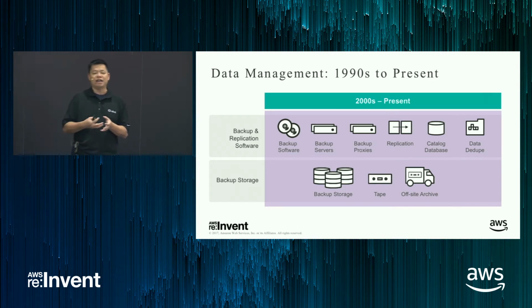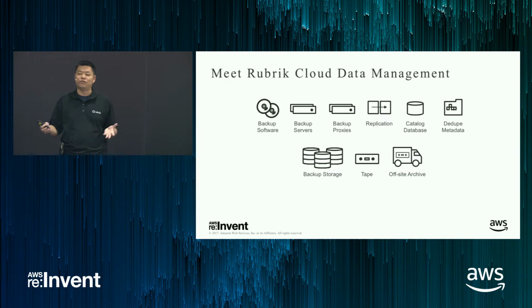And then once you were doing that, it also became fairly simple to say, let's dedupe that data so that you're saving less data to disk and then before sending it off to tape. And then that made it more efficient for you to be able to send those tapes off-site for disaster recovery or compliance purposes. So this is all great, but it's also a very complex environment, lots of moving parts.